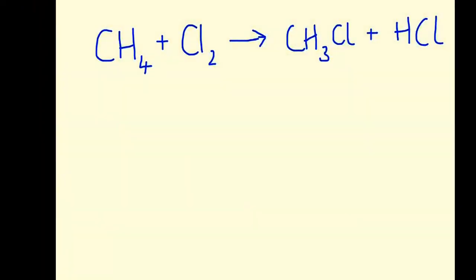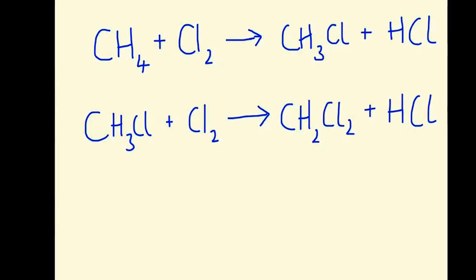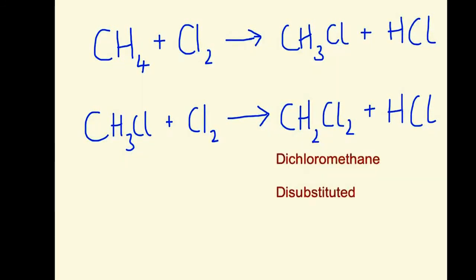You've got two overall reactions. Methane's reacting with chlorine to make chloromethane and hydrogen chloride. That chloromethane can then further react in exactly the same way, in the same steps, with another chlorine molecule to substitute another hydrogen atom. This time, we've made dichloromethane. That's a di-substituted product.